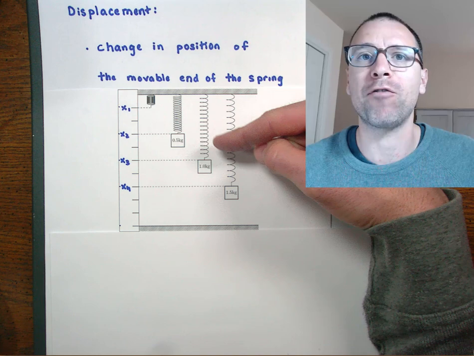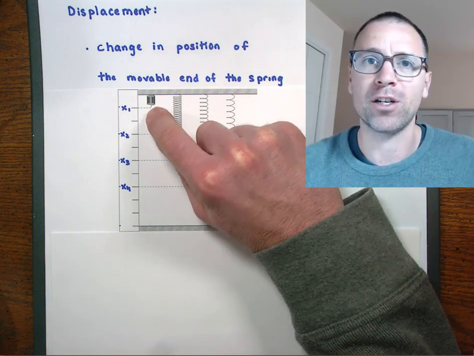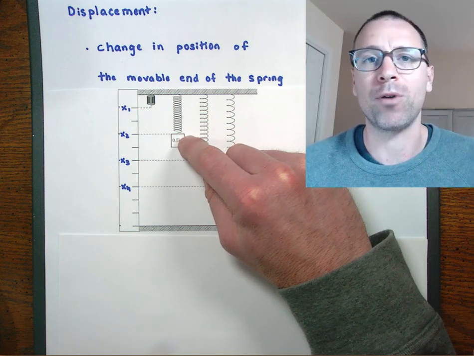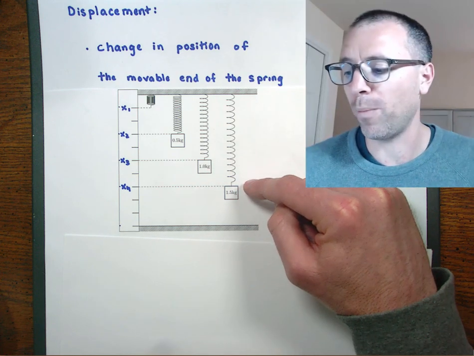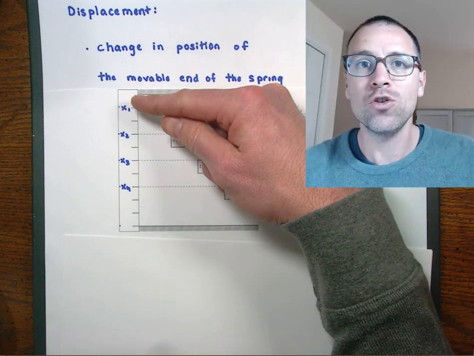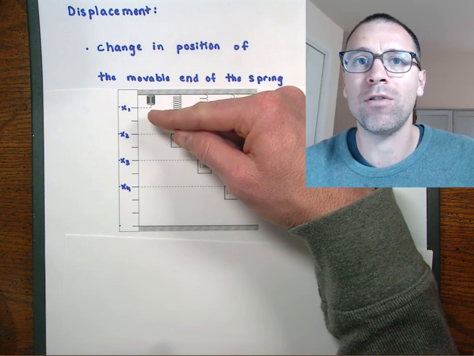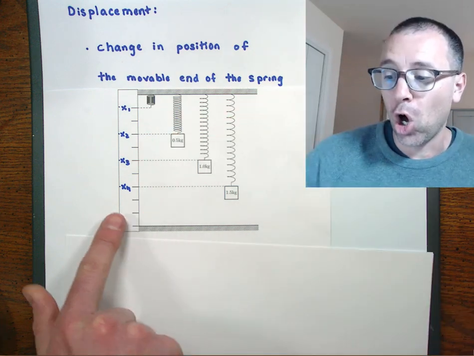In this one, we're going to take 4 different position measurements. The first position measurement is associated with just hanging the spring. The second position measurement is if I put 0.5 kilograms. The third one, I put 1 kilogram. The fourth one, I put 1.5 kilograms. And then I use my ruler to literally just mark the position of those individual ends of the spring under each scenario along that ruler.